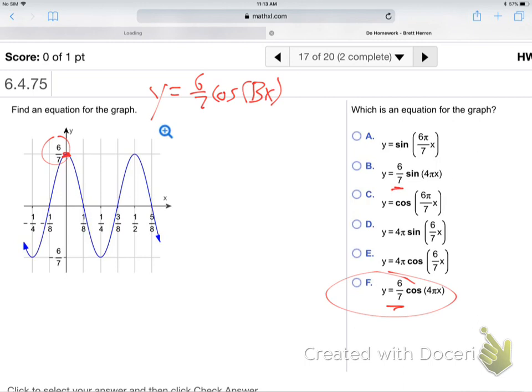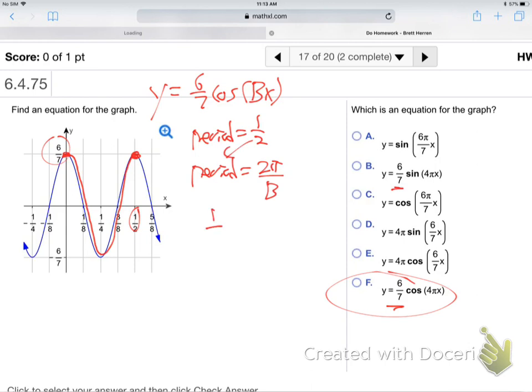Let's suppose we didn't know the period and we had to find it. We know right away it's 6/7 cosine bx. We already know b turns out to be 4 pi, but suppose we did it. Make sure you can do the period thing because it might be required on the test. The period is 2 pi over b. What is a full cycle for cosine? It starts high, finishes high. So the period is a half. Cosine is a U shape, high to high. Sine is high and low, 0 to 0. So the period equals 2 pi over b.